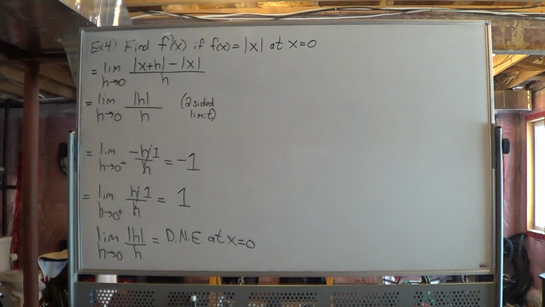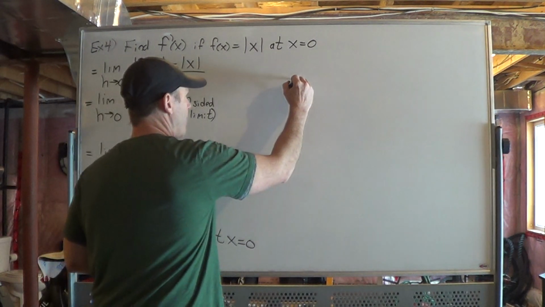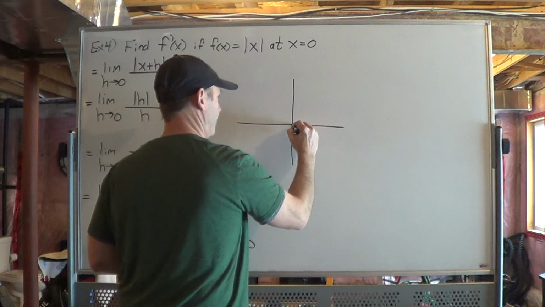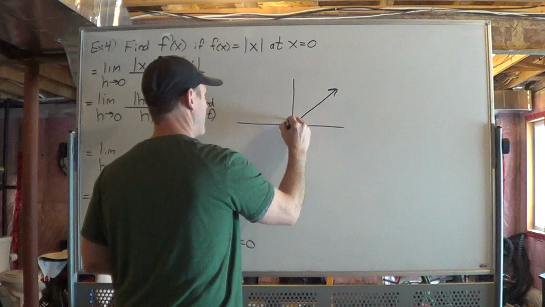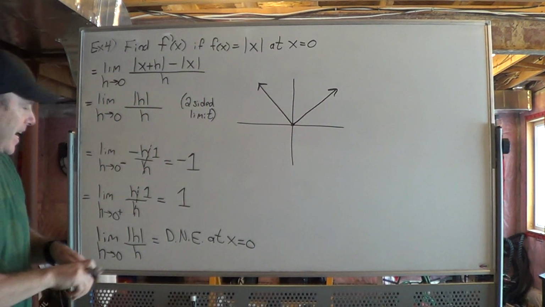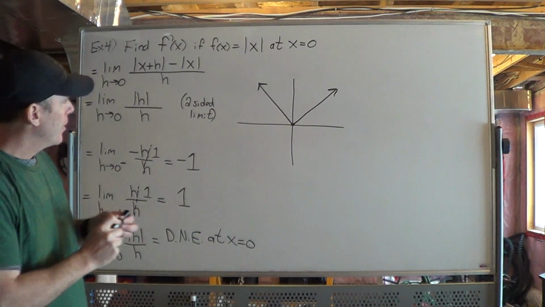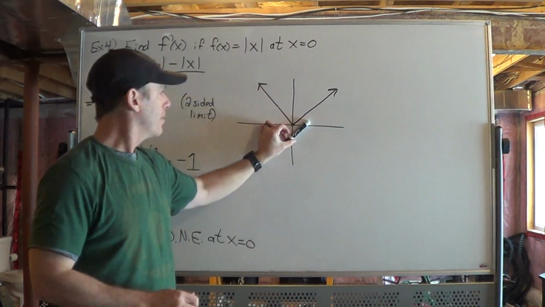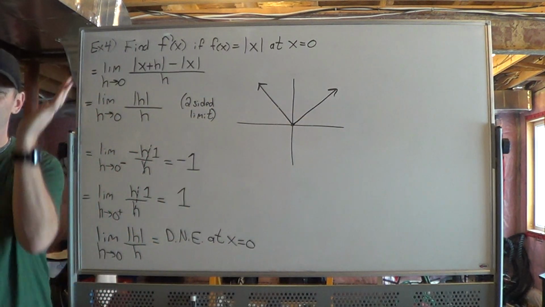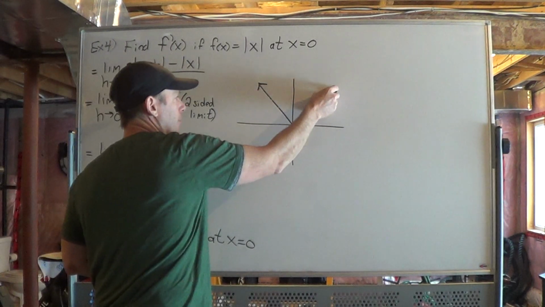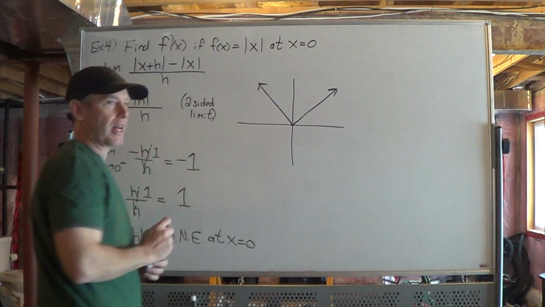And here's what's happening: our graph of the absolute value function looks like this. So what is the slope of the tangent line at x equals 0? That's right here at this point. Well, it's all over the place, because there's not just a nice slope there, because it's a jagged point. Everywhere else, we're going to be able to find the slope, no problem. But at 0, that's a problem.